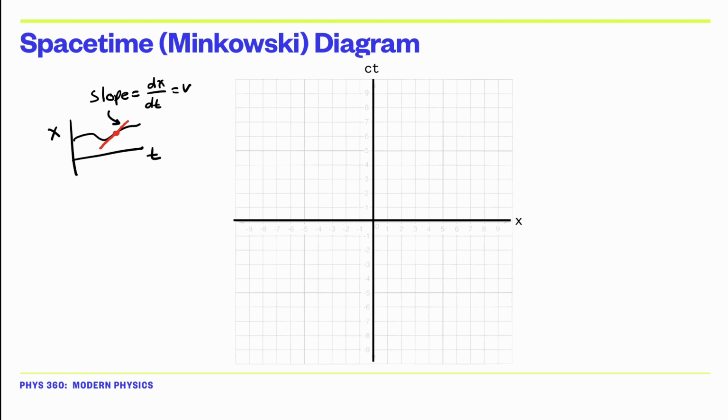The path of a particle in this diagram is sometimes called its world line. So instead of trajectories starting at the left-hand side and evolving to the right as time goes by on a normal position time diagram, now particles start on the x-axis and evolve upward through time like this.